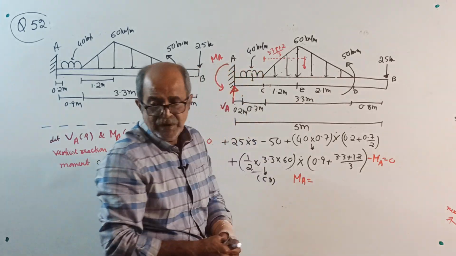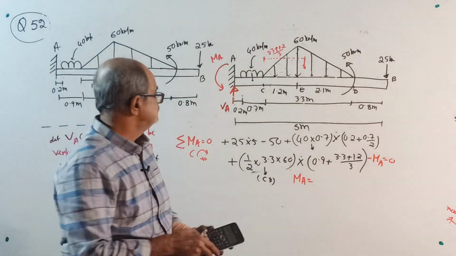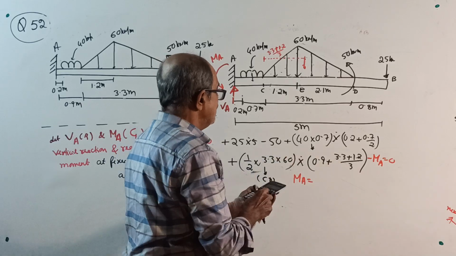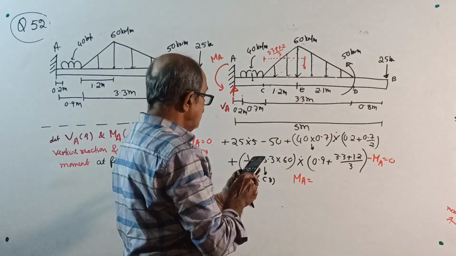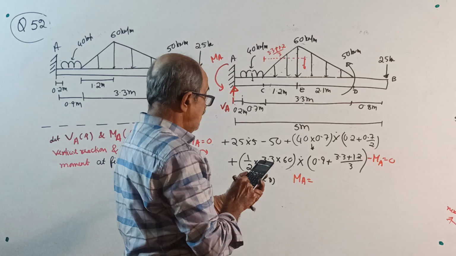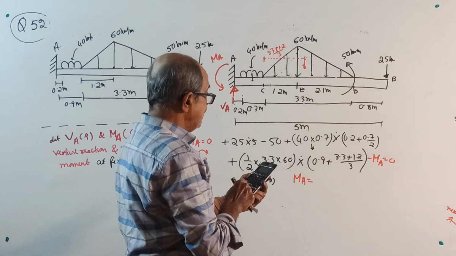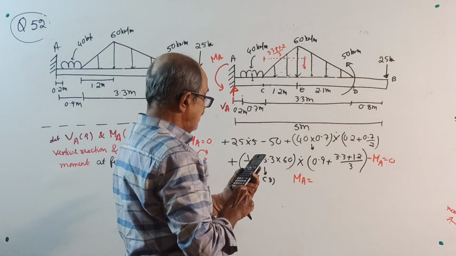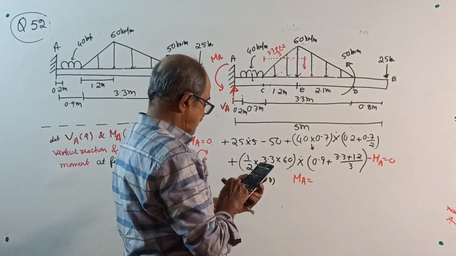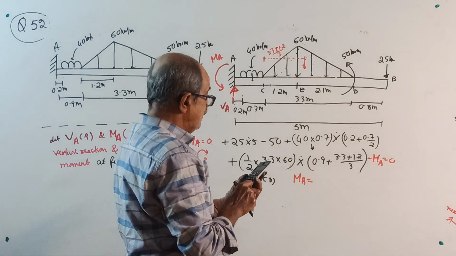Last question. I will take my own time. Not too much time. I will start from here to avoid confusion. 0.9 plus 3.3 plus 1.2 divided by 3 is 1.5.